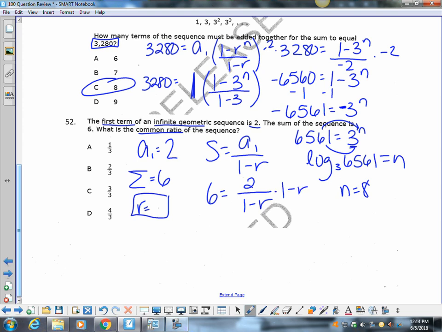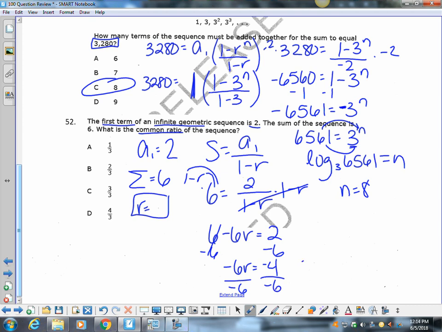I'm going to multiply both sides by 1 minus R. Those are going to cancel. You do have to distribute the 6 here, so that's going to give me 6 minus 6R equals 2. And then just solve for R. That's going to give me 2/3.